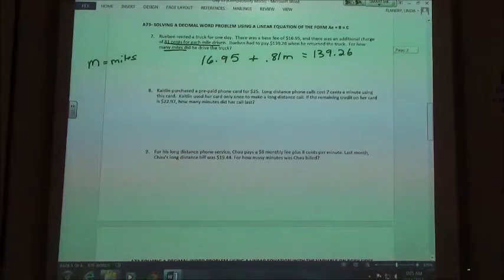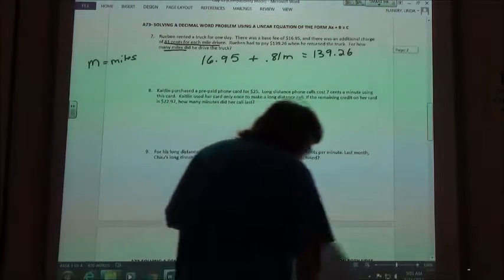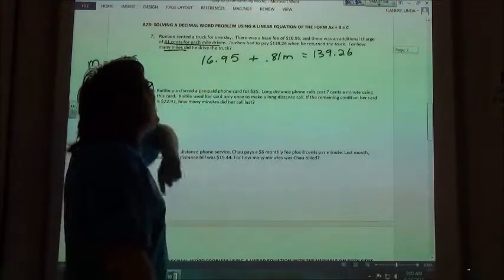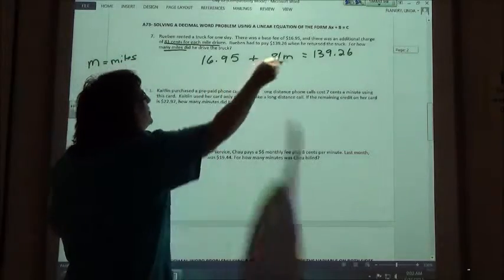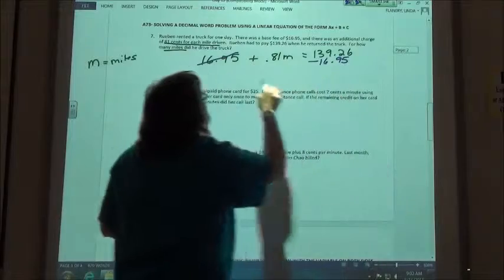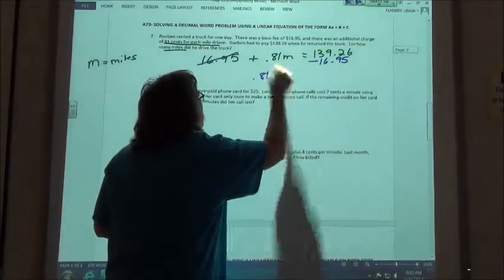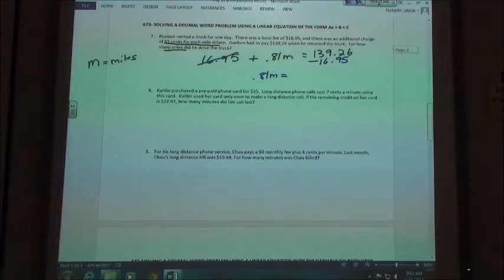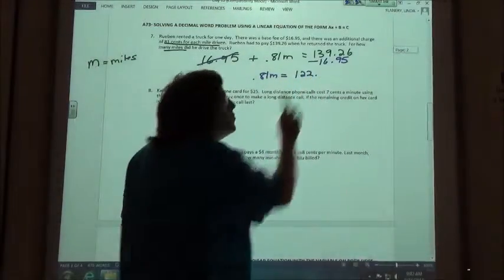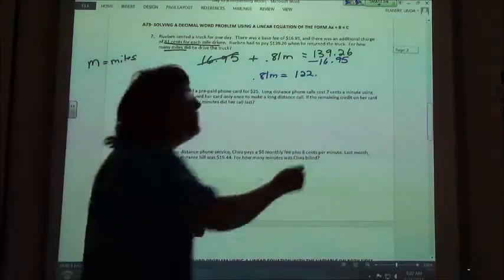Now the calculator is active on the word problems, especially because their whole goal is that you can set up the equation. And so I'm going to let you use your calculator and help me out, because I don't want to do it in my head. If I'm going to solve this for M, first thing I'm going to do is move my $16.95 to the other side. So go ahead and subtract the $16.95 for me. $139.26 minus $16.95 is 122.31.